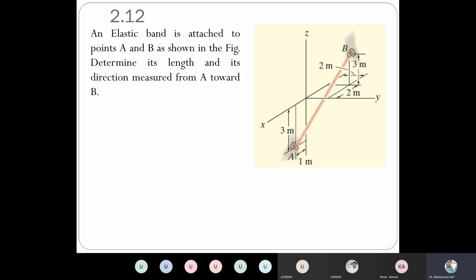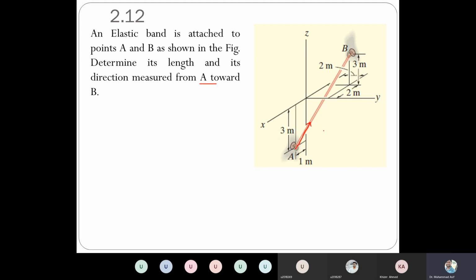Length means the position vector. First of all, you need a position vector, and the magnitude of that position vector will be the length of that string. So you need a position vector from A to B.